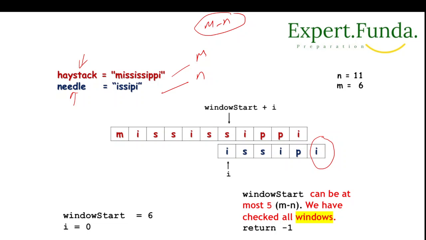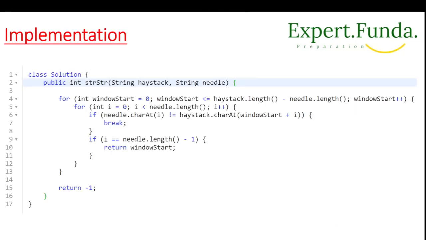So we can say that it's not possible to check beyond this. Window start can be at most 5, because m minus n will come, with m being 11 and n being 6, so we will get 5. So maximum we will do this checking at 5, and the window will go to maximum this element.